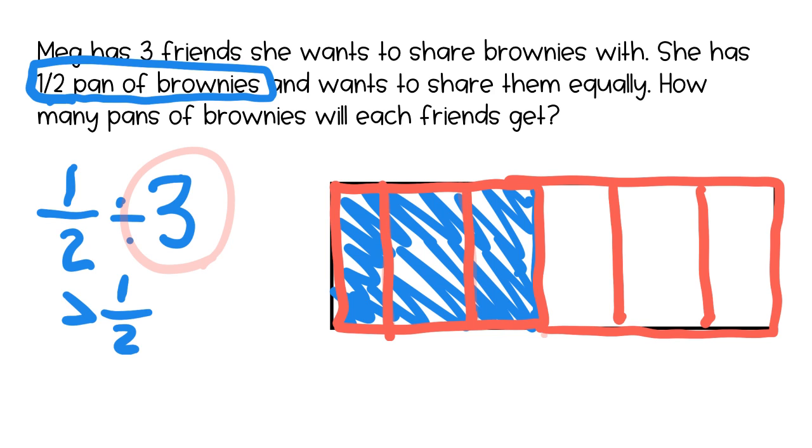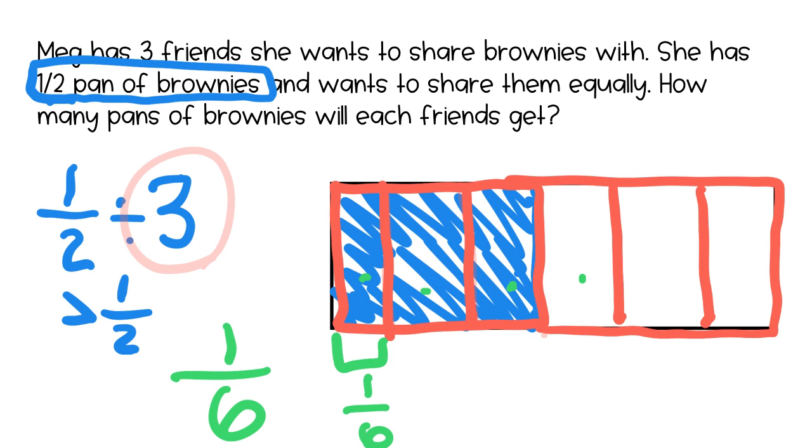We end up with 1/6. Because look, this right here is 1/6. 1, 2, 3, 4, 5, 6. So 1/2 divided by 3 is 1/6.